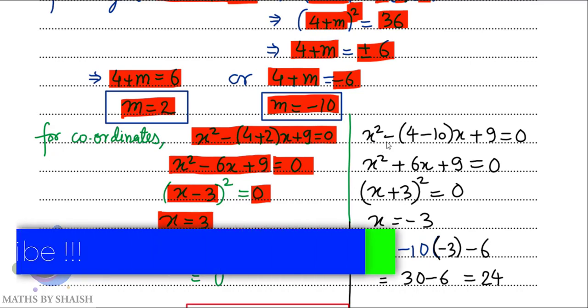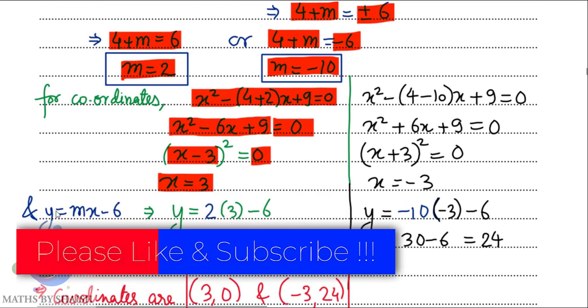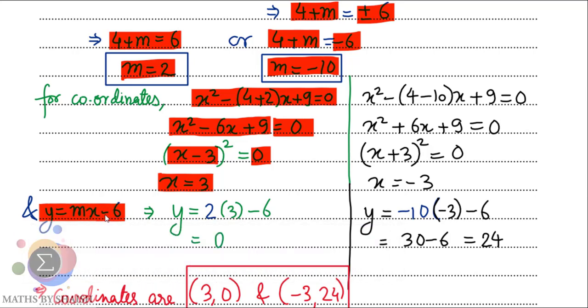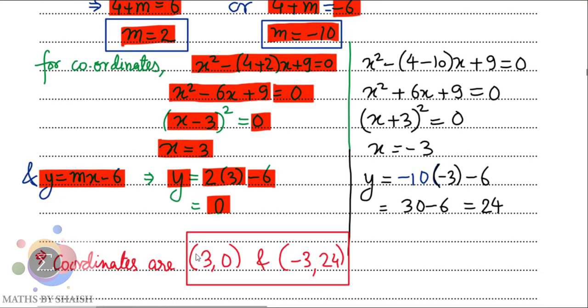Once x equals 3, we can substitute either in the curve or in the line, so y equals mx minus 6 becomes y equals 2 times 3 minus 6, which is 0. So the coordinates of one point are 3 comma 0.